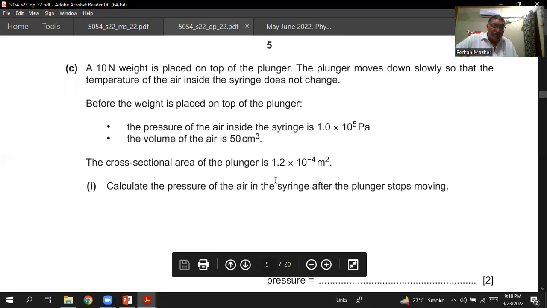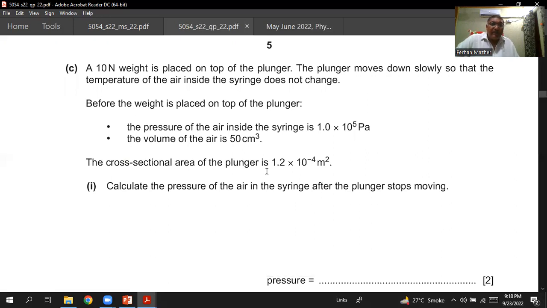Okay, so I know the volume V1, I know the pressure P1, and they want me to find out the pressure P2, meaning when you have added the 10 Newton weight.